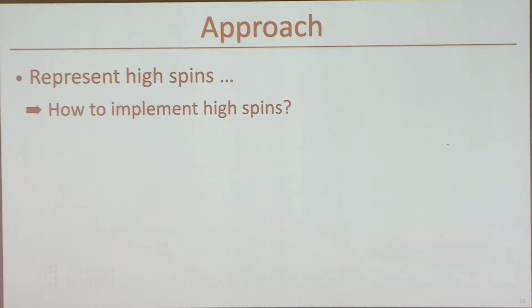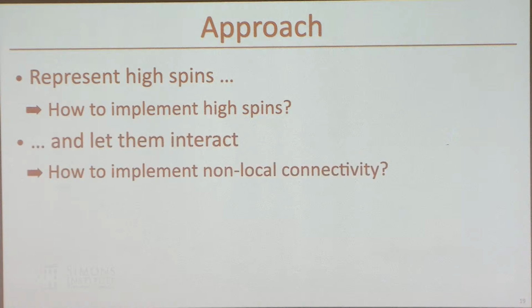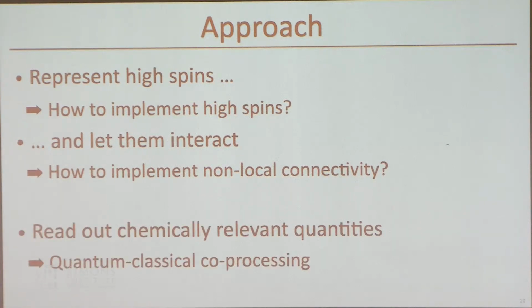So if we limit our problem to high spins, we have to solve three problems. First, we have to represent the high spins. Second, we have to make sure that they interact all-to-all in a controlled way. And finally, and this is also very non-trivial, we have to be able to read out chemically relevant quantities.